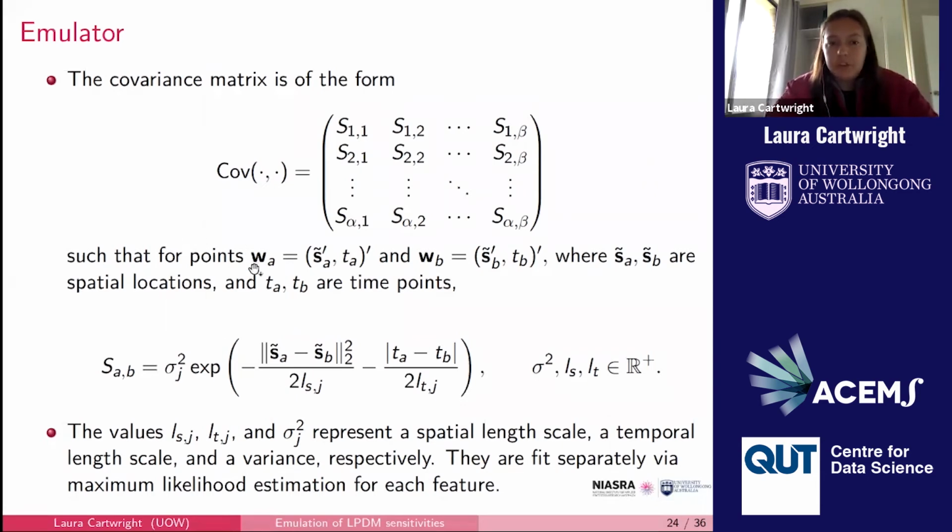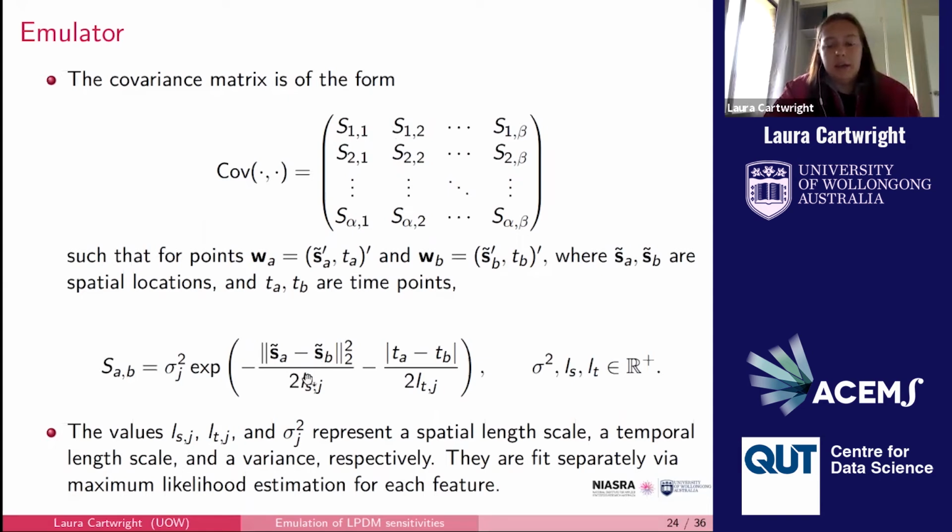So if you have two spatio-temporal locations, WA and WB, then the covariance value, one of these entries in this covariance matrix, is just going to be the distance between the spatial components of WA and WB and the distance between the temporals.